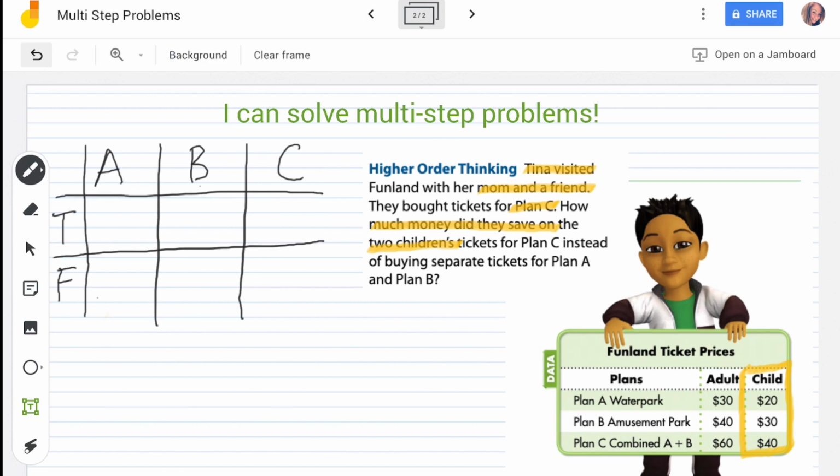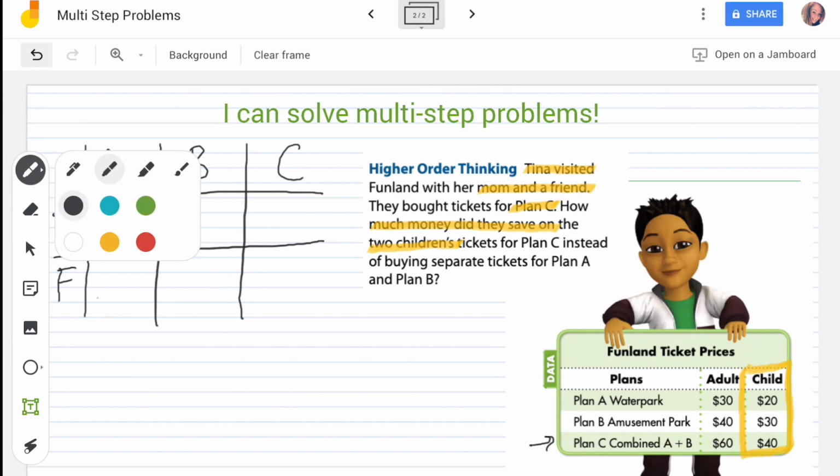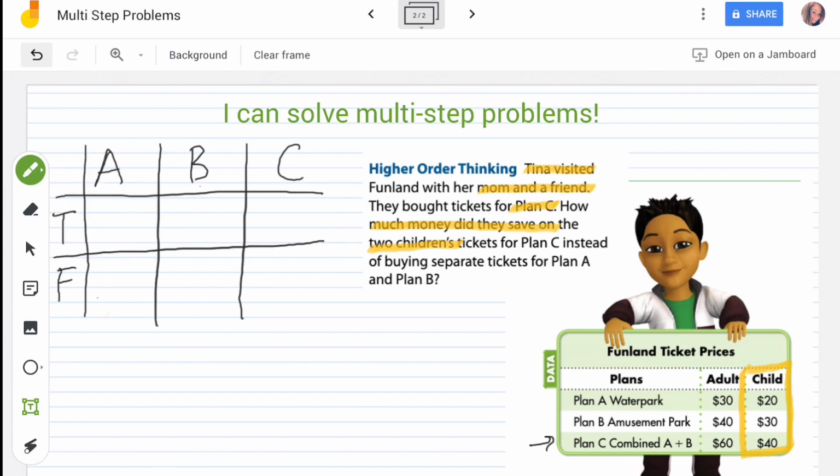So I'm going to go back to my data table and take a look at Plan C. According to the data table, how much is each child's ticket? $40. So for Plan C, I know Tina's was $40 and the friend's was $40.